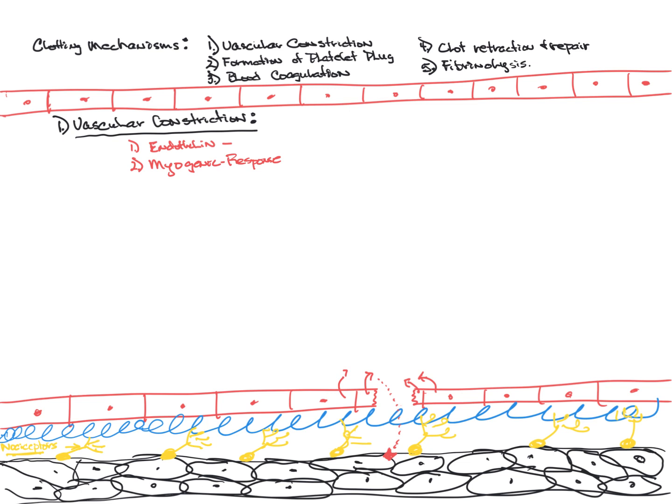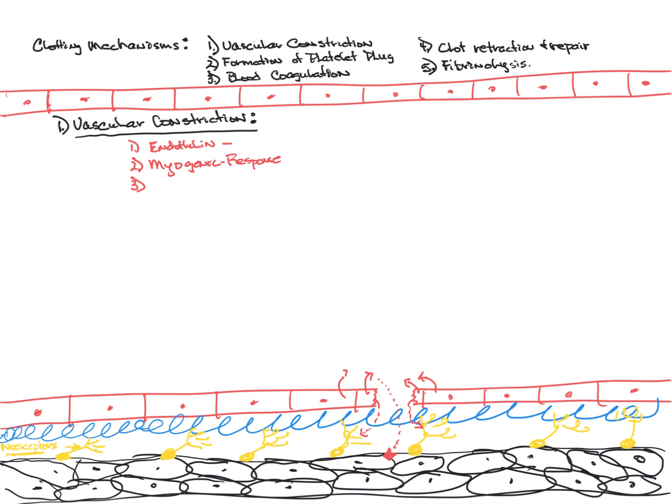And then the other thing that's going to happen here is a neurogenic response. That's going to be because, again, this endothelium is disrupted, and it's going to hit these receptor sites on these nociceptor cells. And those nociceptor cells, again, are pain cells.